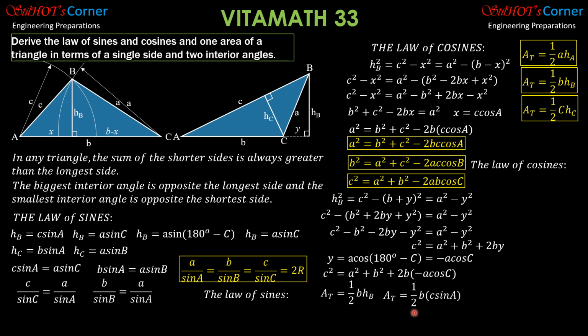So the area of a triangle is 1/2 the product of adjacent sides times the sine of the angle included. So that's the way to remember the area of a triangle in terms of adjacent sides and the angle between the two sides.